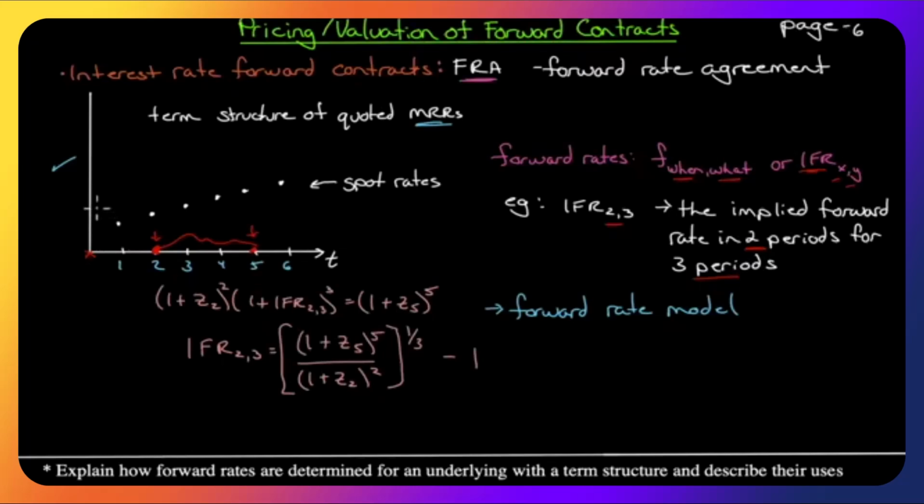Because we can deposit something for 2 periods and then roll it over for 3 periods, or we can simply just deposit something for 5 periods. We should end up with the same amount of money. Because if we don't end up with the same amount of money, we could buy or sell the forward rate agreement to earn more. So how do we calculate what the forward rate is for there to be no arbitrage?